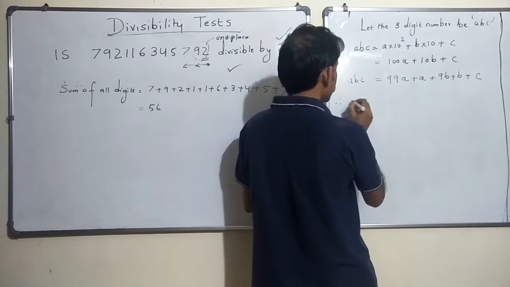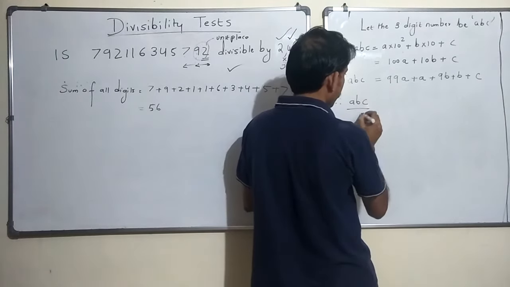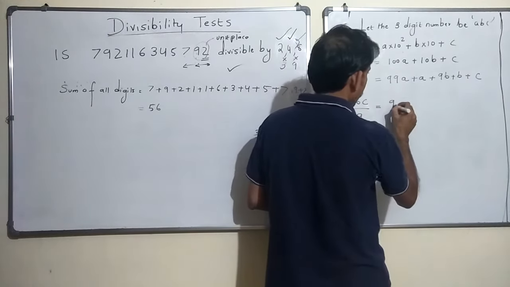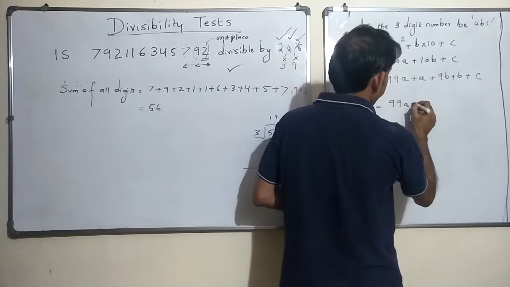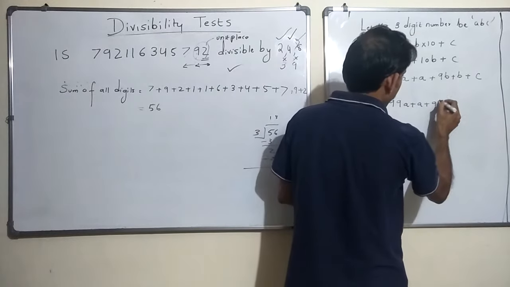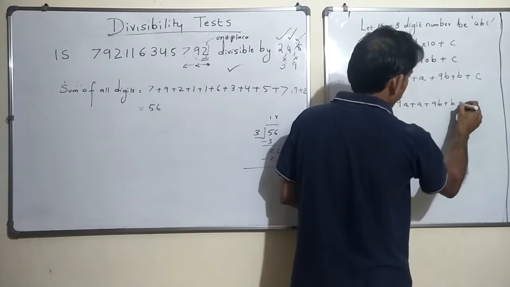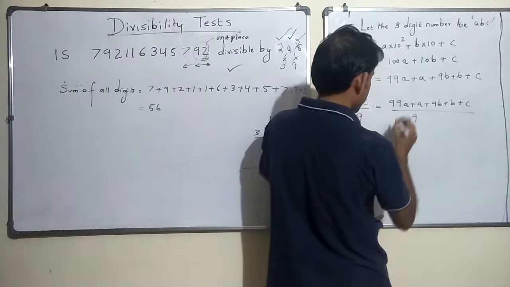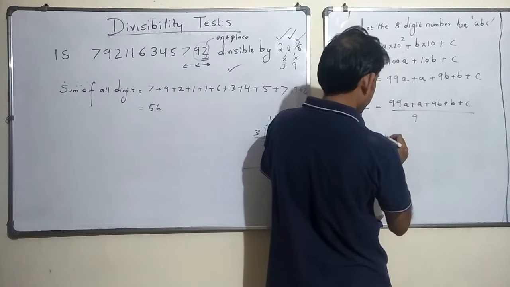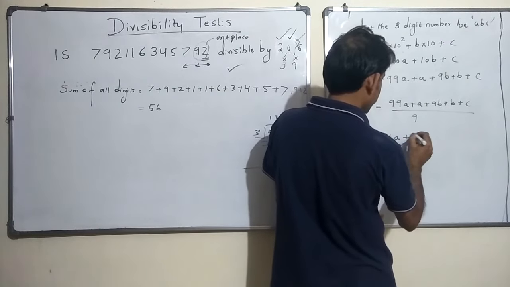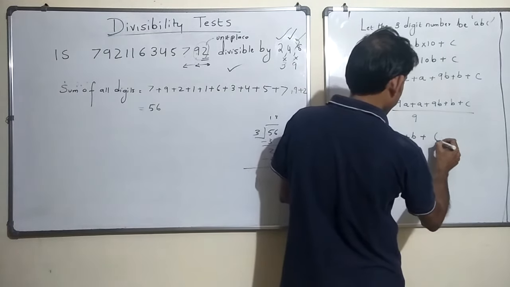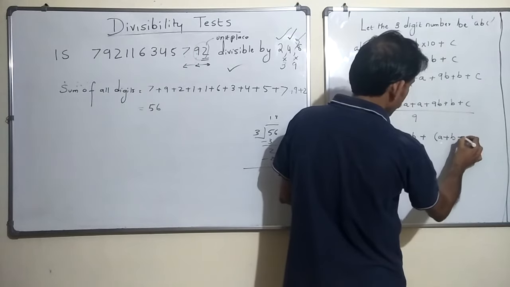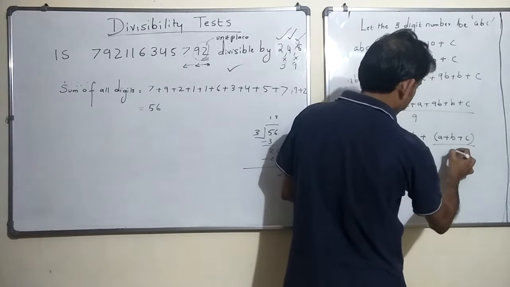Now let's divide both sides by 9. This becomes 11a plus b plus a plus b plus c by 9.